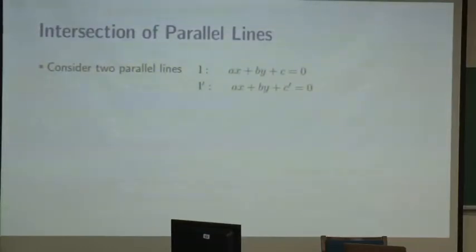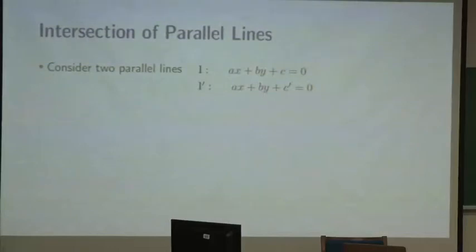So consider two lines. Notice my pattern here: I always start from the familiar mathematics that you have and then derive the equivalent in P. So there are two lines, L: AX plus BY plus C is equal to 0, so ABC is the line L, and the other is ABC prime. Notice I didn't change A and B, because if I changed A and B relative to C, that would have been a line in a different direction, so non-parallel.